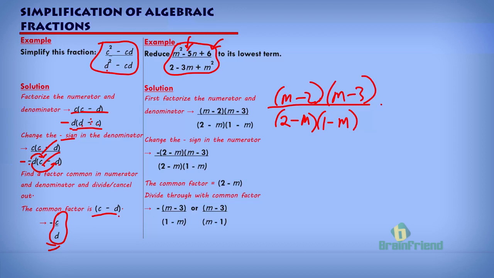Notice you can change the sign either in the numerator or in the denominator, depending on how you want to do it. So in this case, we're going to change the sign in our numerator. Let's go ahead to do that. So we have m minus 2, we write that as 2 minus m.